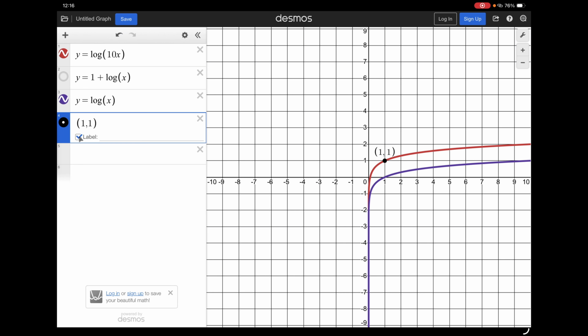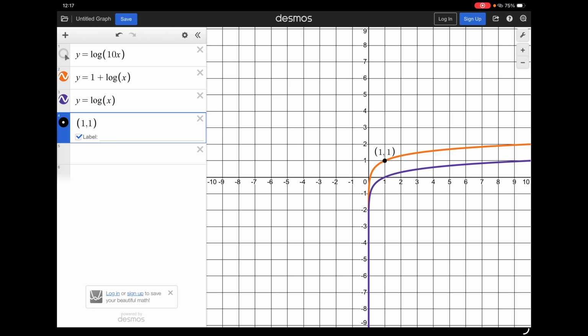Like I said, the usefulness of this property is that instead of trying to do a horizontal dilation and trying to recall how it is going to affect the x values or the y values, by using this property I can overlook any type of horizontal dilation and instead visualize this as a vertical shift, as we talked about in graphing from the previous lesson.